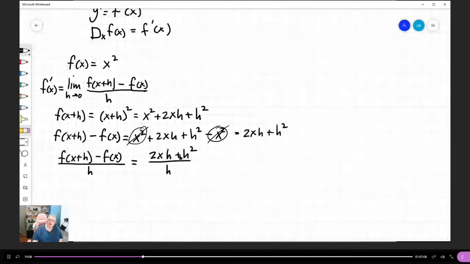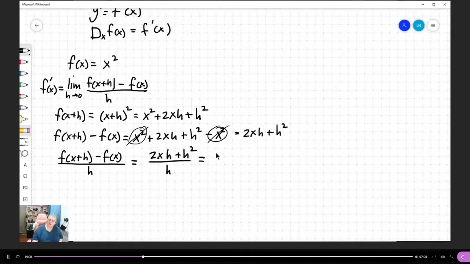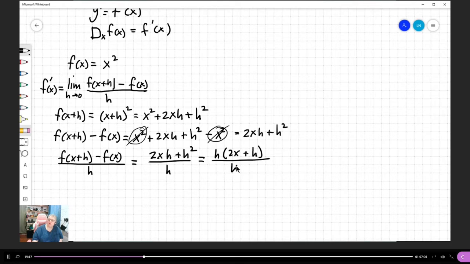Now on top I've got a common factor of h, so I can take that out. And this is where I get to say I have a factor of h on the bottom and a factor of h on the top. So those divide out. I get 1. So that means I'm left with 2x plus h.